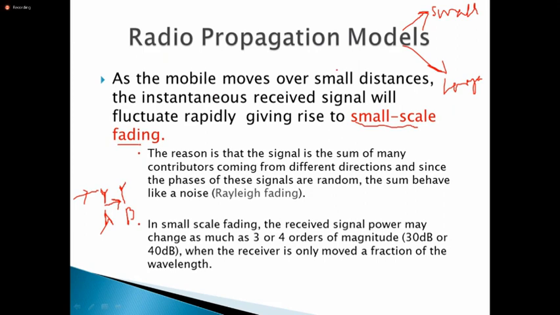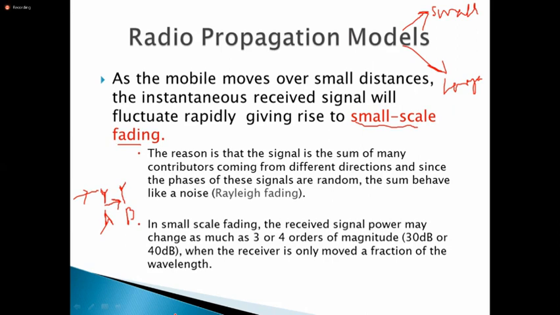As the mobile moves over smaller distances, the instantaneous received signal will fluctuate rapidly. That is called small scale fading. If the receiver moves a little bit, the signal fluctuates very rapidly.